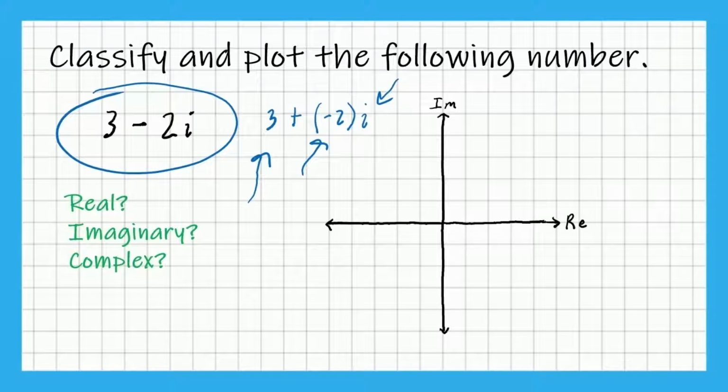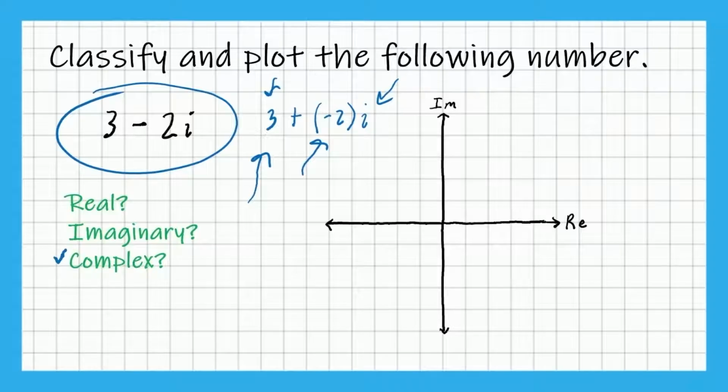Now is this real? No, it's not, because we have the imaginary unit. So it's not real. What about imaginary? Well, it has the imaginary unit, but it's not only imaginary because we also have a real number, 3, being added to negative 2i. So in this case, we have just a complex number. So we're going to put a check mark right here, complex number.